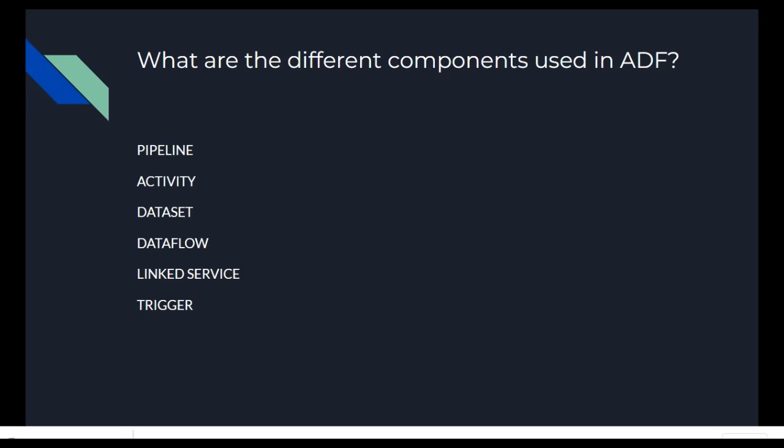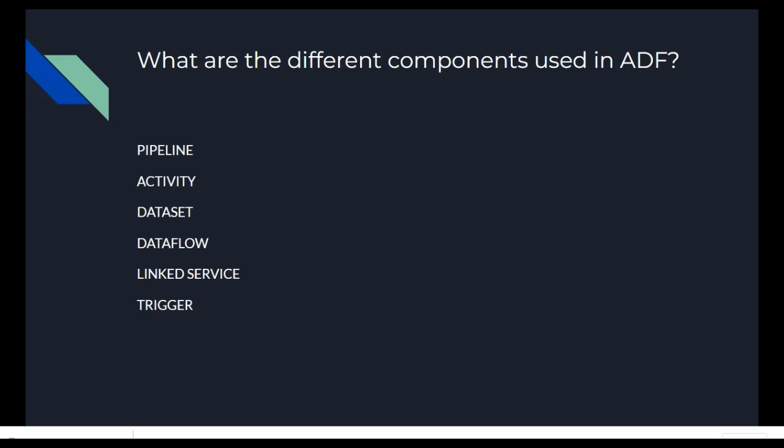Next, data flow specifies the data transformation UI logic. Next, linked service specifies the descriptive connection string for the data sources used in the pipeline activities. Next, trigger specifies the time when the pipeline will be executed. We also have control flow, which is used to control the execution flow of the pipeline activities. So these are the main components in Azure Data Factory.